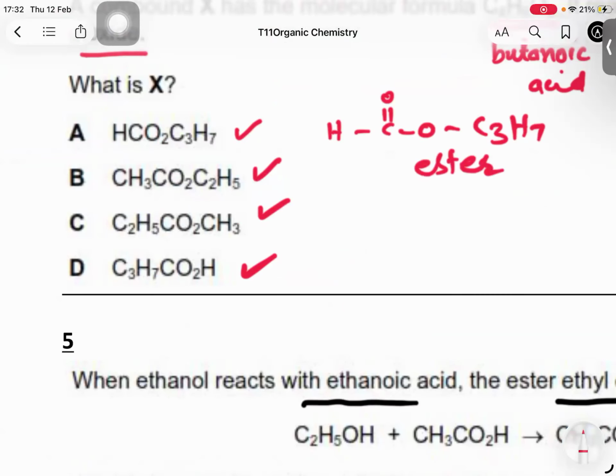It's not a carboxylic acid. Again, COO के बाद carbon आ जाए, तो वो क्या होता है? It's an ester. So ये भी ester है. This is ester. This is ester.